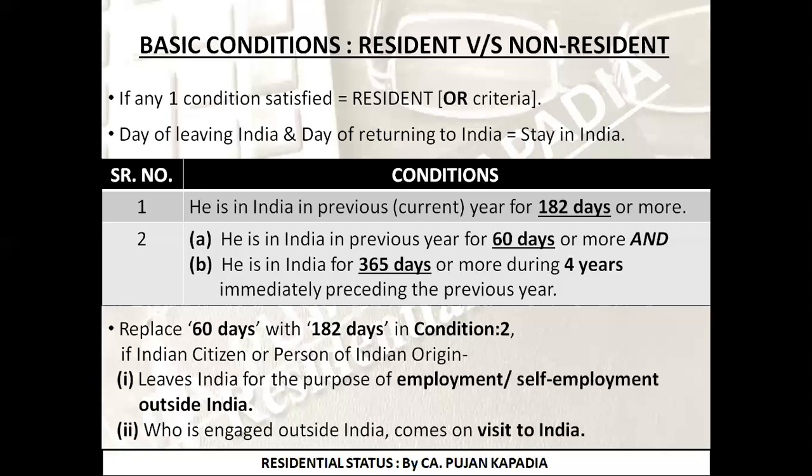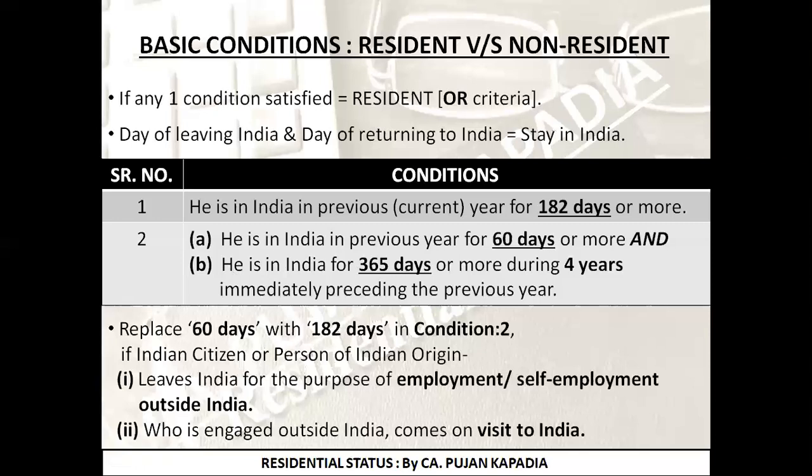In our example, it is from 1st April 2015 to 31st March 2019. Now in this span of 4 years, whether the total stay of the assessee in India was 365 days or more or less. If it was 365 days or more, then I would say B part of the second condition is being fulfilled. If it is less than 365 days, then I would say that B part is not fulfilled.